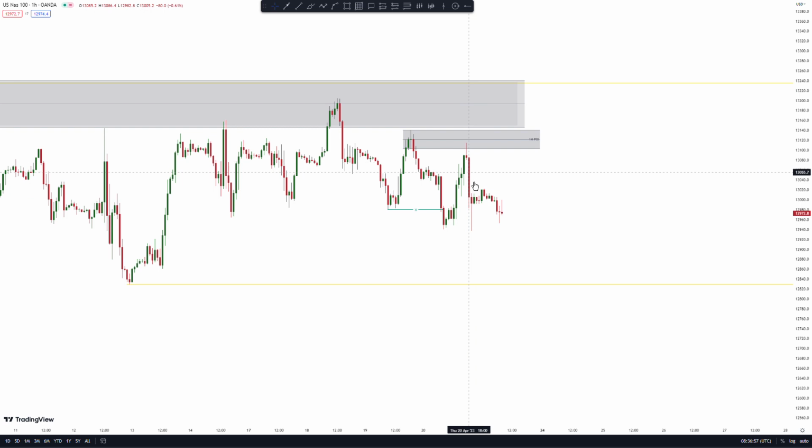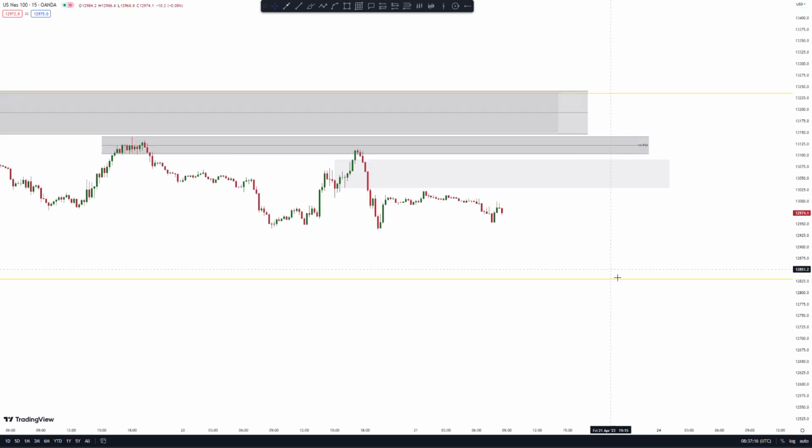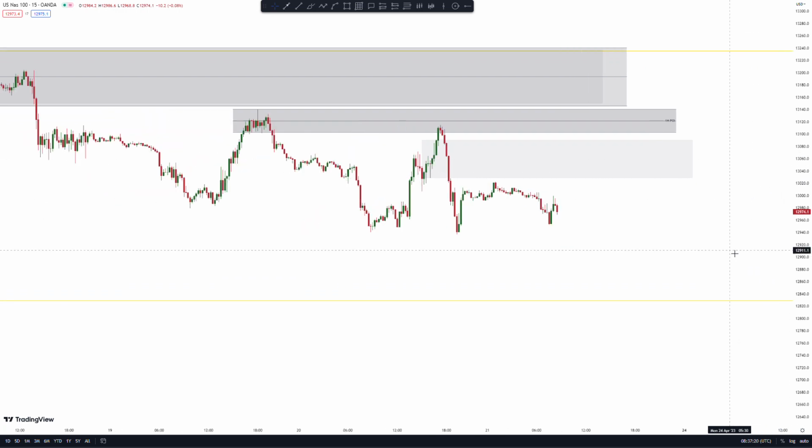There's a whole big candlestick that just dropped, and I wanna just do this and see. I wanna see if I were to drop to 15 minutes, will I have something that is solid?